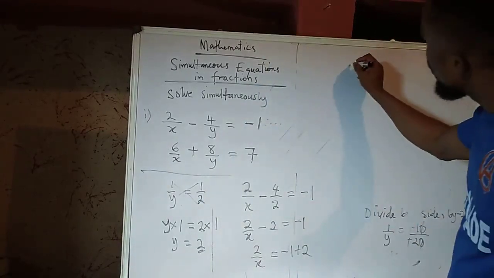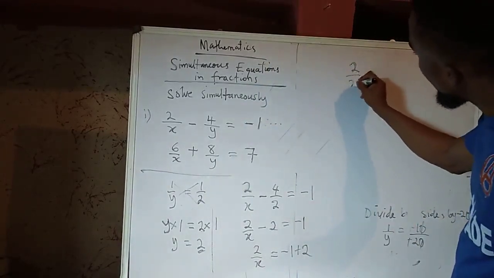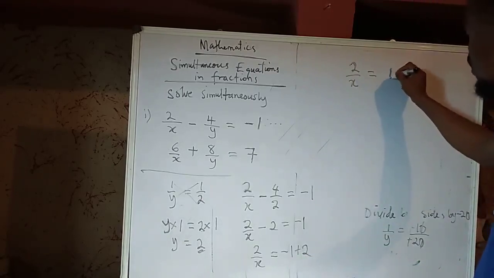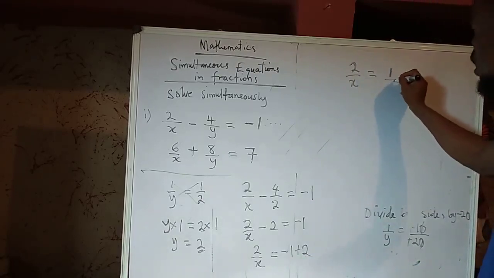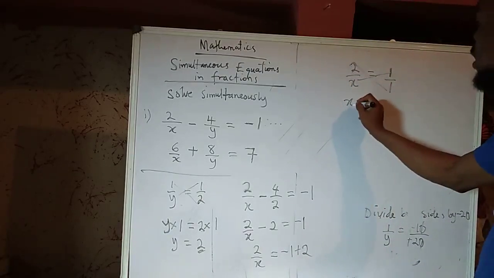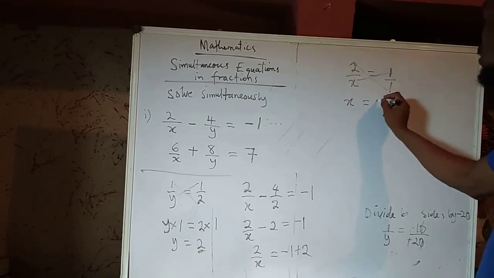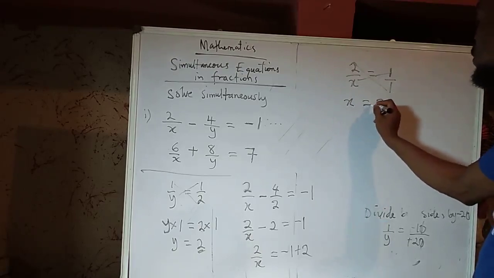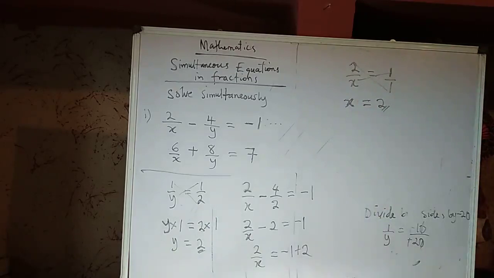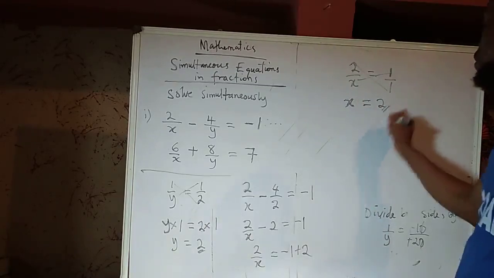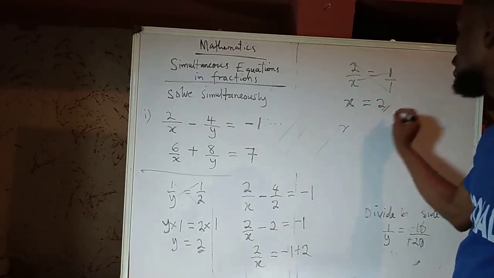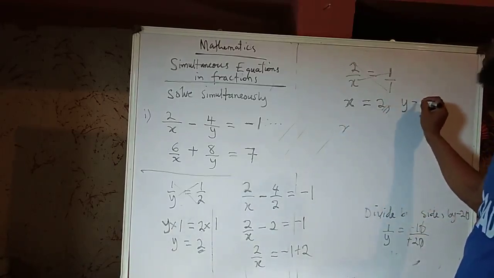So 2 over x equals minus 1 plus 2, which is simply 1, so this can be written as 1 over 1. By the time I cross multiply, I'll have x times 1 to give me x, 2 times 1 to give me 2. Alright, so this is simple. So that means y is 2, x is 2 in this question.